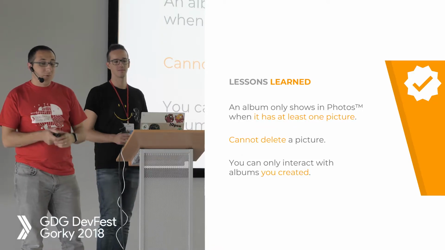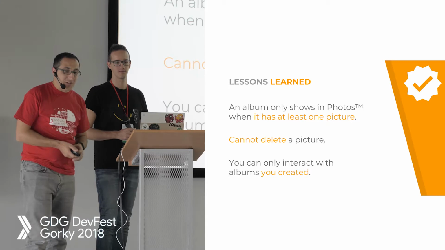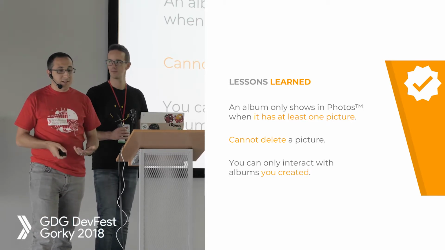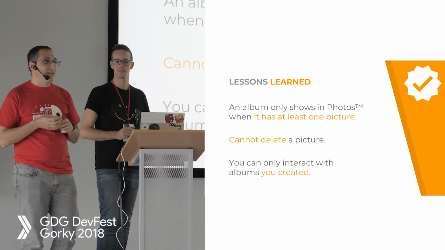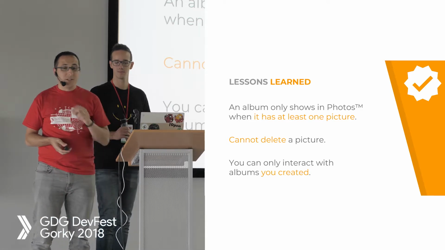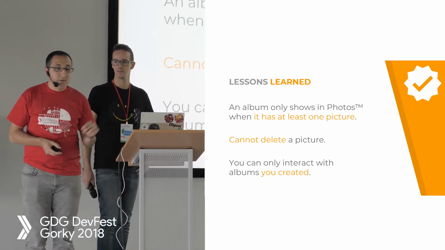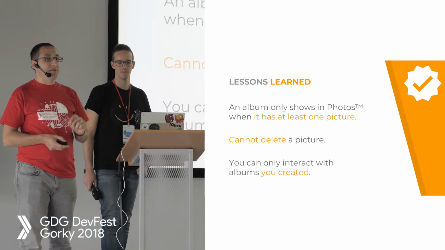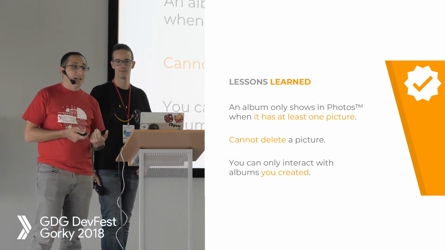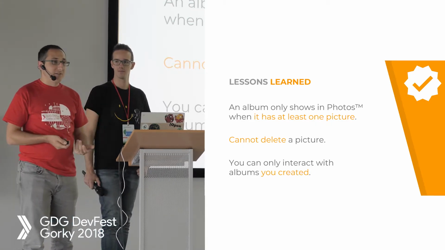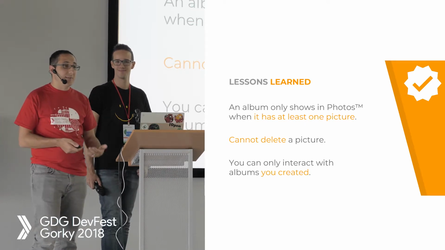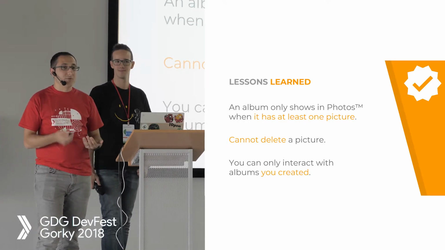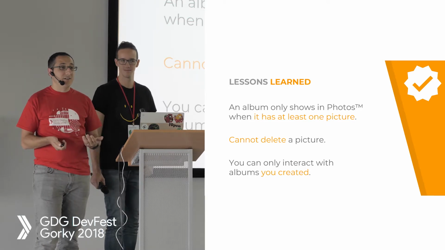So, we learned a lot of things from this project. The first one is that your album will only show in the Google Photos app when it has at least one picture. What happened is that I created 7 or 8 albums to test. I could see them in my test app, and when I opened Google Photos, there was nothing.